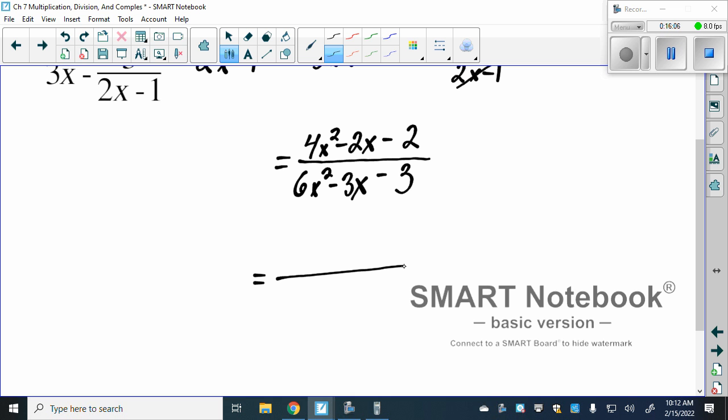Yes, there is a greatest common factor in both, because the denominator would be, the numerator would be 2. And let's see what that leaves us with. 2 out of 4x squared is x minus, and if I factor a 3 out of the denominator, we're left with, okay.